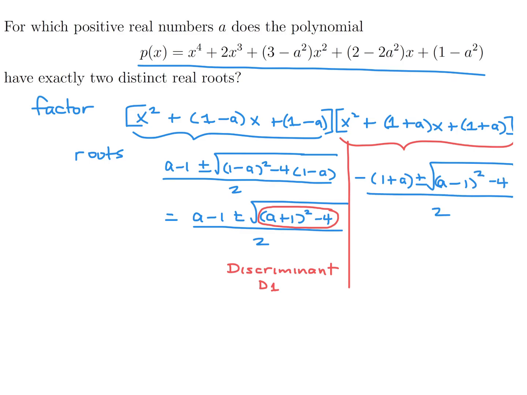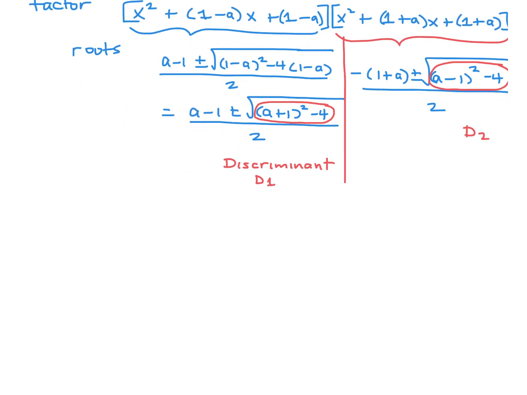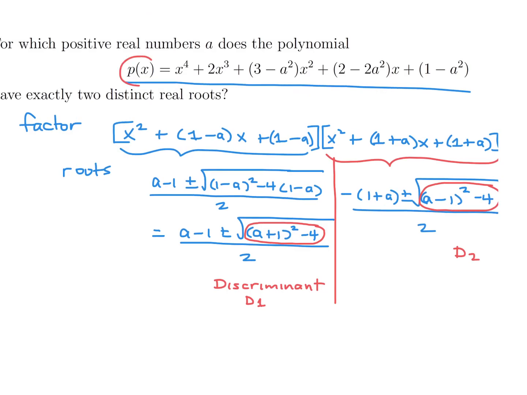So this is the other discriminant. We'll call that D2.